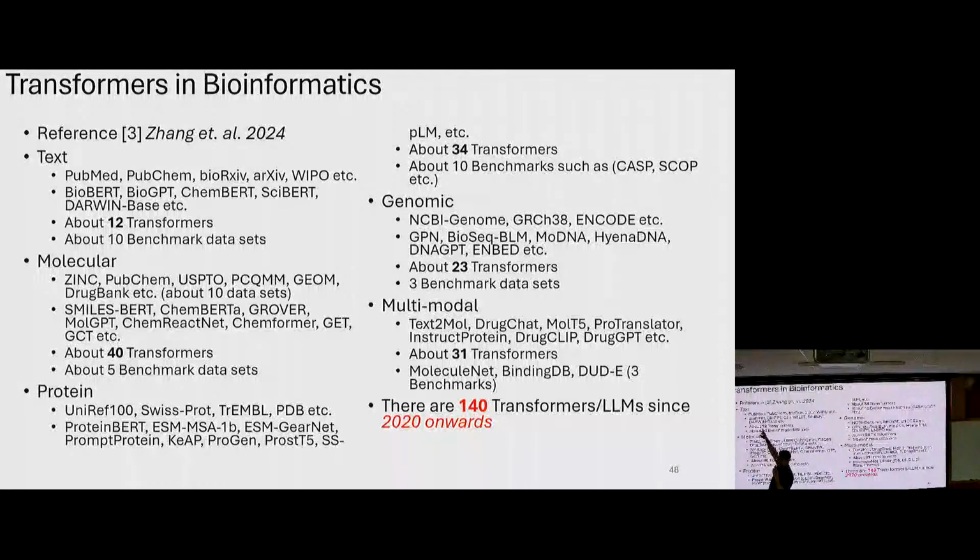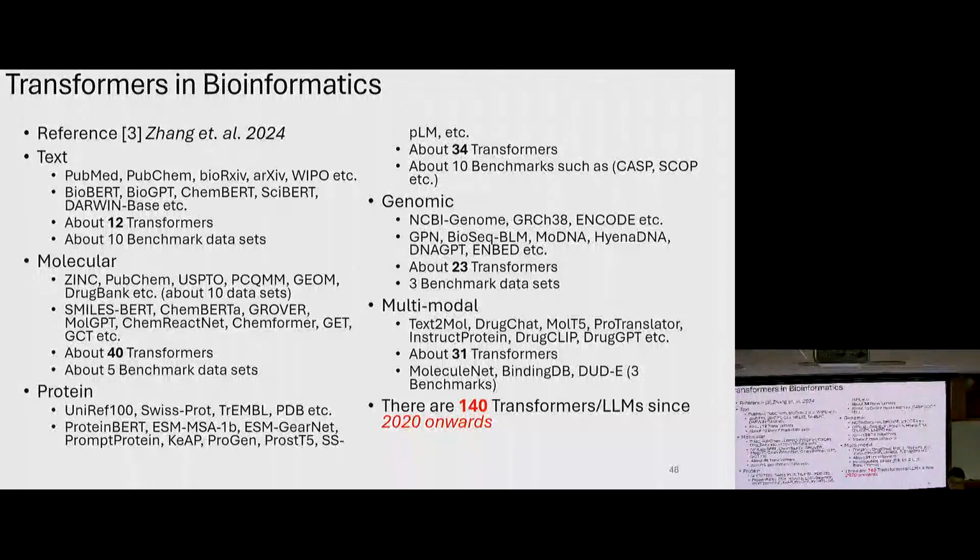I will show you what is a transformer architecture now. You have this transformer for molecular data, you have it for protein data, genomic data, and multimodal data. All of these transformers are basically the next word predictors. So given one word, you want to predict the next word, but you train it on tons of data.